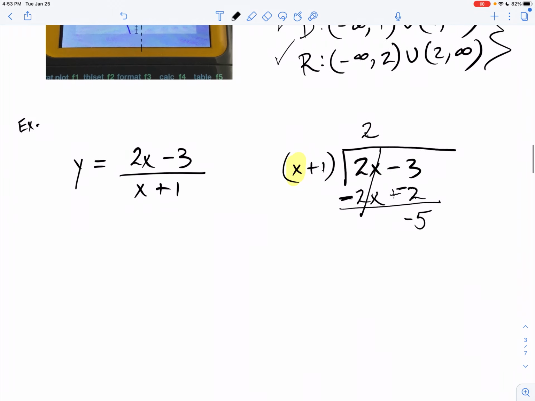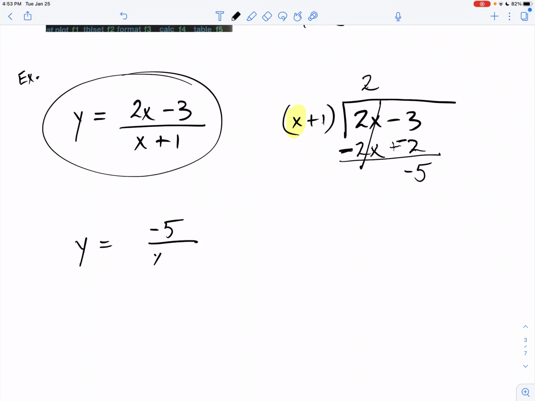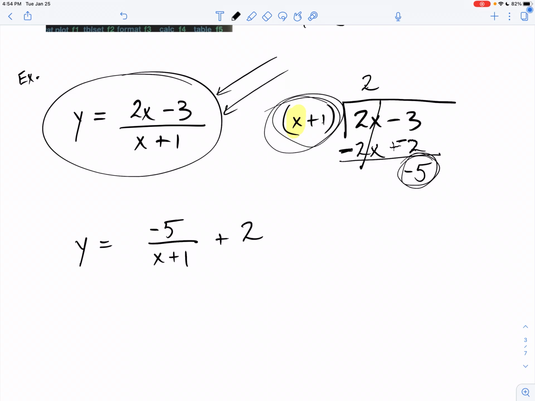Well, here's what it looks like when I rewrite it. I would say, instead of this, y equals -5 over x plus 1, plus 2. Remember, whatever the remainder is, we'd write it over the divisor, and we can express this type of problem in what's called HK form.